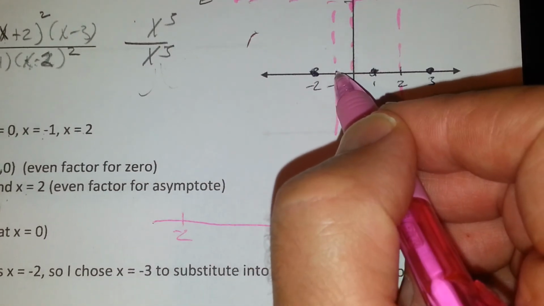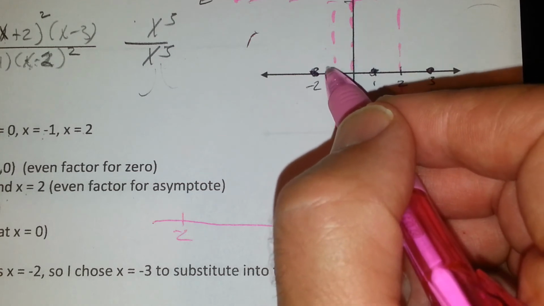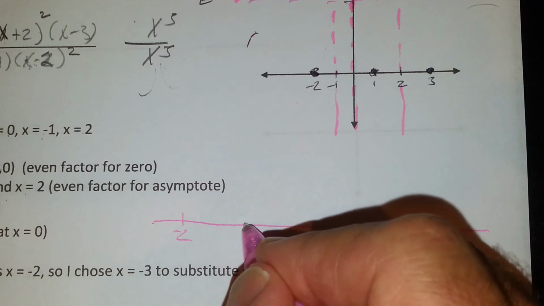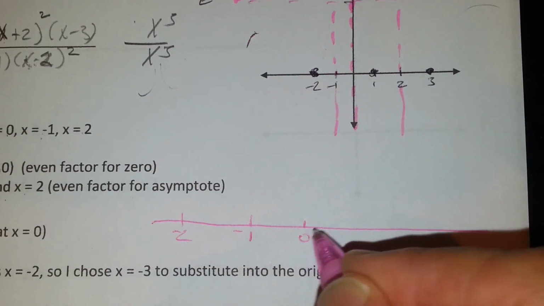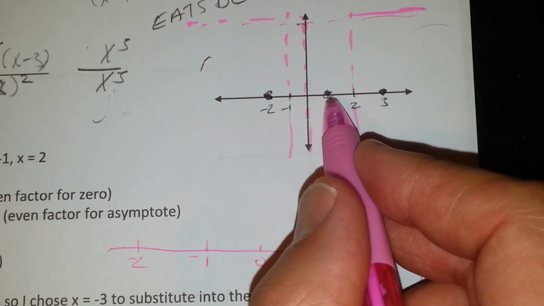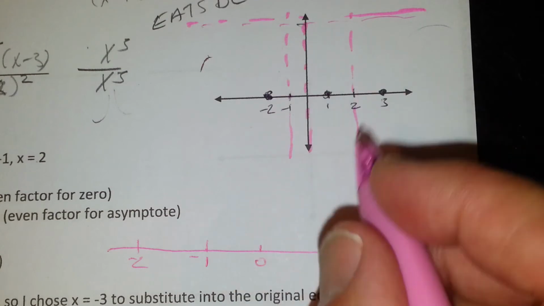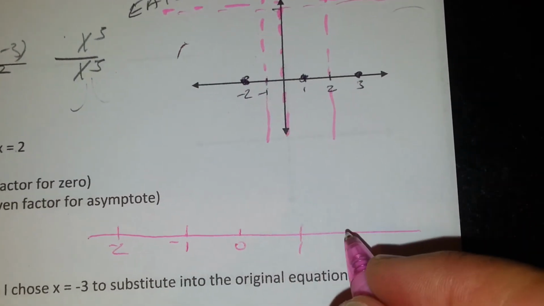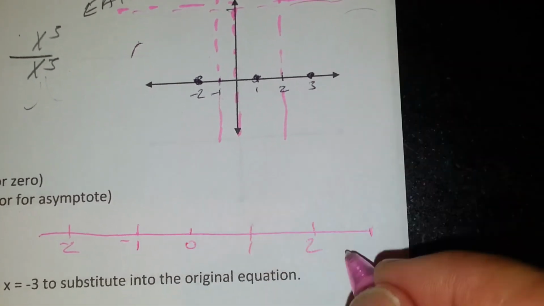I've got an asymptote I need to know about where my graph's going to be, and that's at negative 1. I've got an asymptote at 0. I've got these are all what I consider critical values. I've got another 0, a root at 1, asymptote at 2, and another 0 at 3.